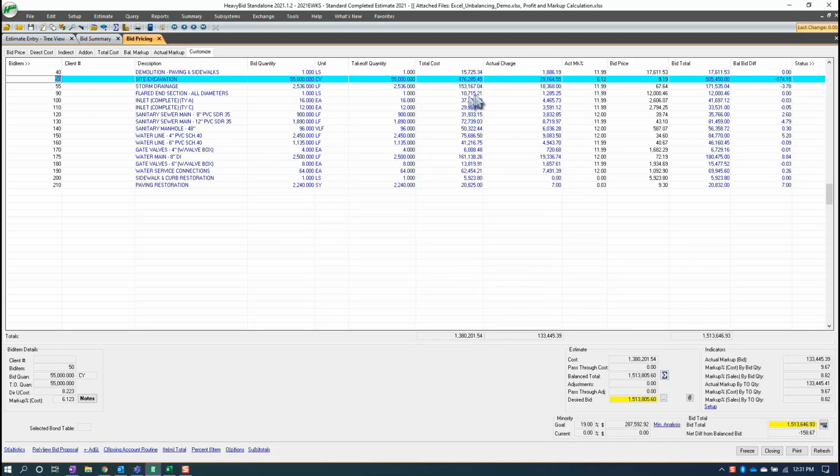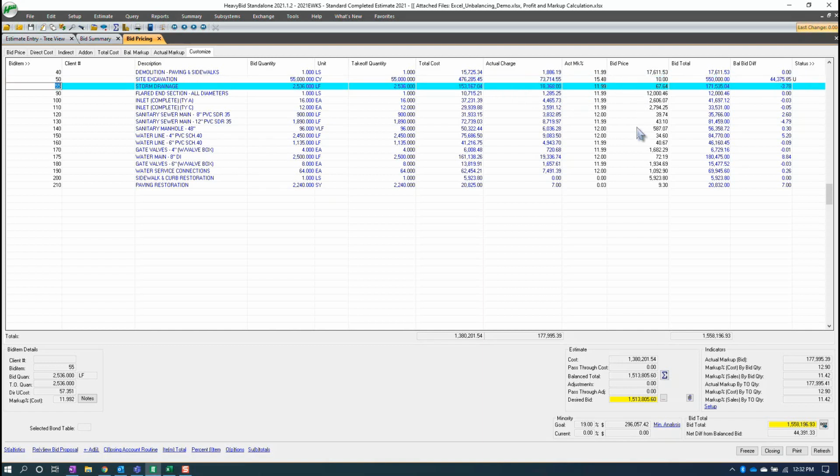So if I come up here and look, for instance, at site excavation, and I did a total less sub, so there was a large sub, that's why I got 6.12% here. But anyway, I got 29,164, divided by my cost is 6.12. If I come over here and make this 10, you can see that it is dynamic.